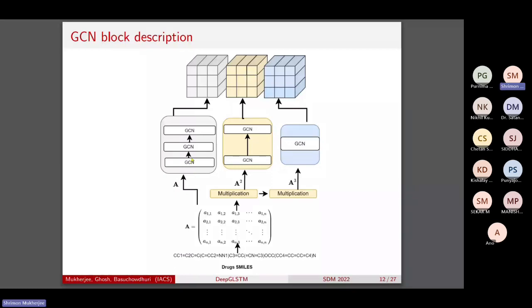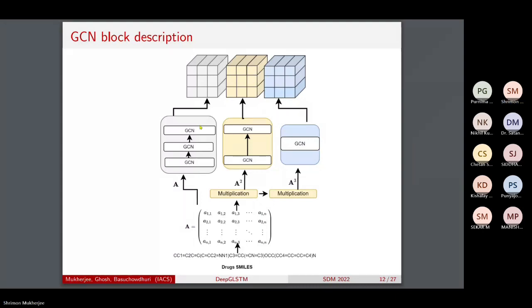Similarly, on top of that, if we apply another layer of GCN, then it will simulate A cube. If we do not apply GCN on A, and extensively multiply A 3 times. And if we introduce another GCN layer on top, then it will compute A to the power 4.